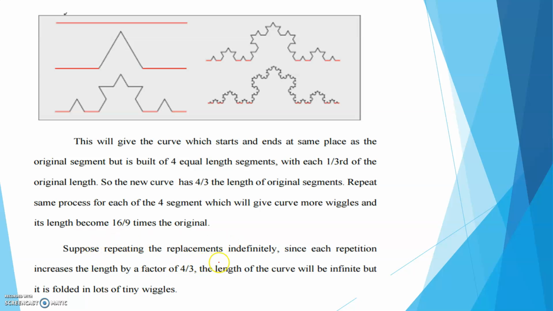Suppose we repeat the replacement indefinitely, since each repetition increases the length by a factor of 4/3, the length of the curve will be infinite, but it is folded in lots of tiny wiggles. In this diagram, you can see that this is your line segment, this is your first step, this is your second step, third step, and this is your fourth step.